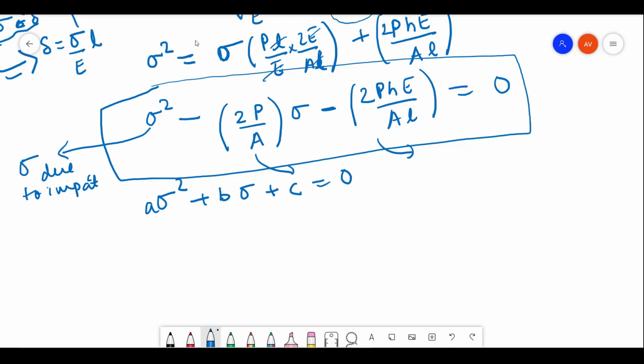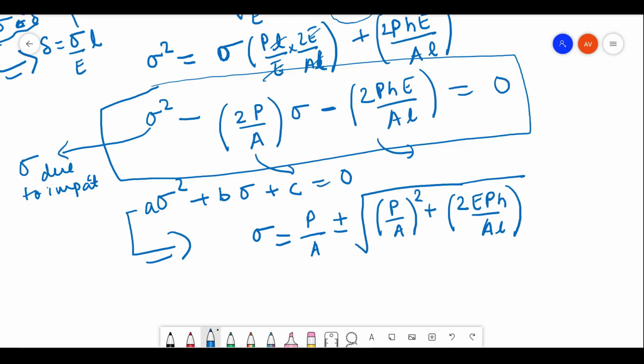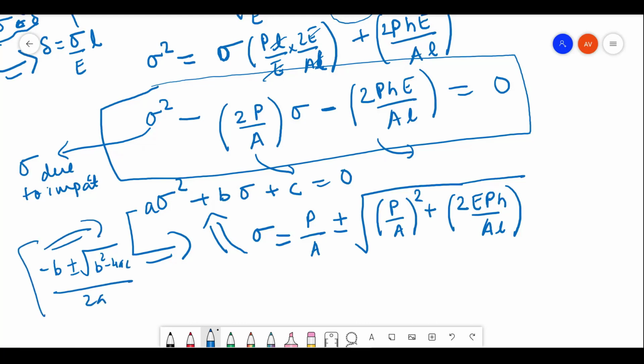Now this quadratic equation you can solve using any method that you know, using the standard formula with b square minus 4ac by 2a. This is very straightforward, so finally you will get this.